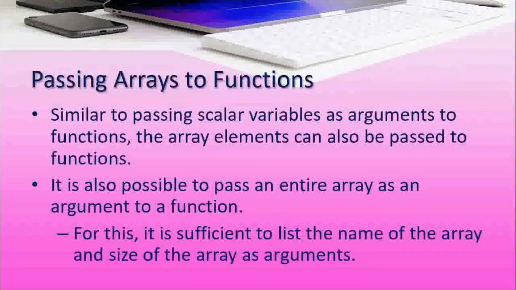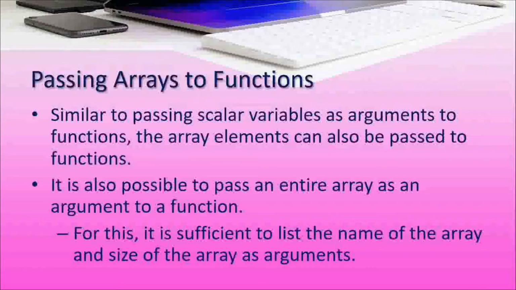In the case of scalar variables, we give only the name of the scalar variable. But in the case of arrays, at least two parameters are required for passing a complete array to a function.